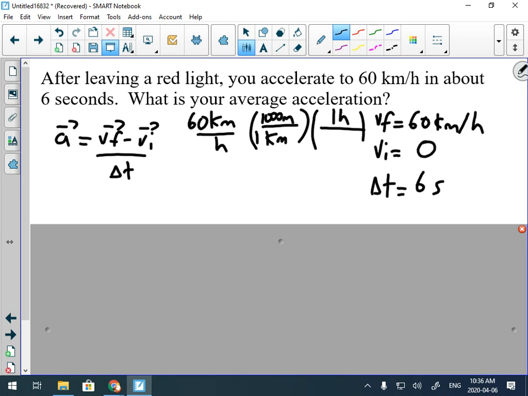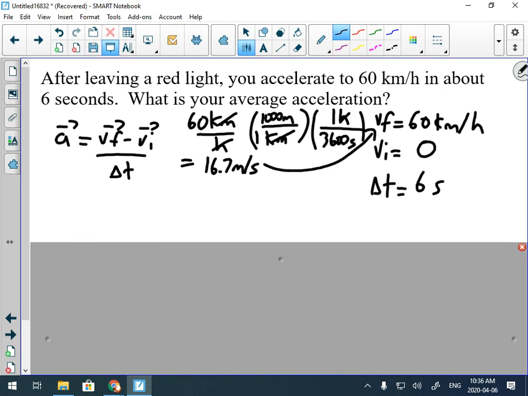And in 1 hour, there's 3,600 seconds. That gets rid of kilometers, and that gets rid of hours. So 60 kilometers per hour, when I throw that into my calculator, gives me a rough 16.7 meters per second. Okay? And that is our velocity final.